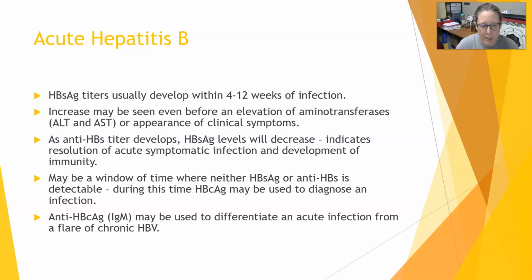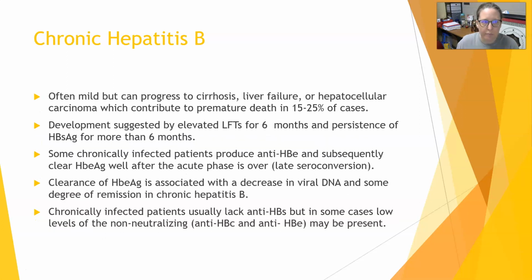Anti-hepatitis B core IgM antibodies can be used to differentiate an acute infection from a flare of chronic HBV. So again, IgM is always going to indicate an acute infection because it's the first antibody to rise the first time you encounter that virus, that infectious agent.